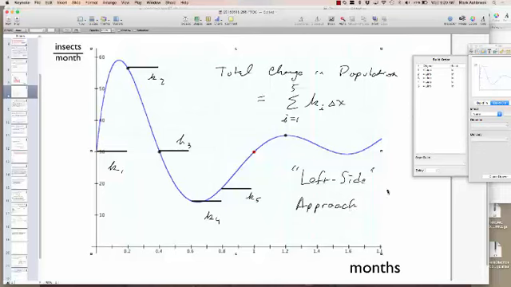Notice, if you're thinking of these like flags, the flags fly to the right, so don't let that confuse you. Left side approach means taking the actual rate at the left side, or the starting value of the interval, to be the constant rate for that interval.